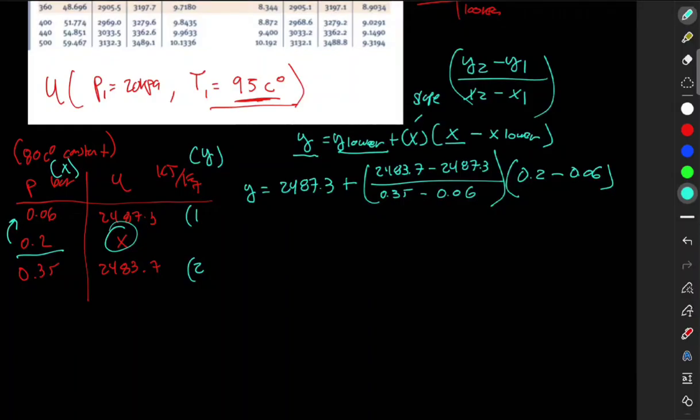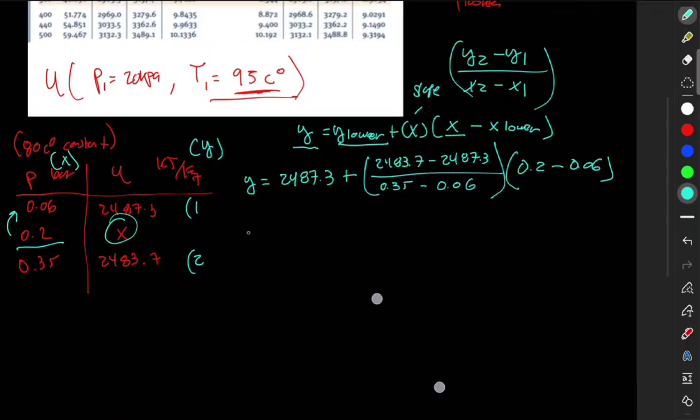So we plug this in the calculator. 2487.3 plus. Make sure you have everything set up in the calculator correctly, or do it by parts so you don't have a weird number. 0.35 minus 0.06, 0.2.